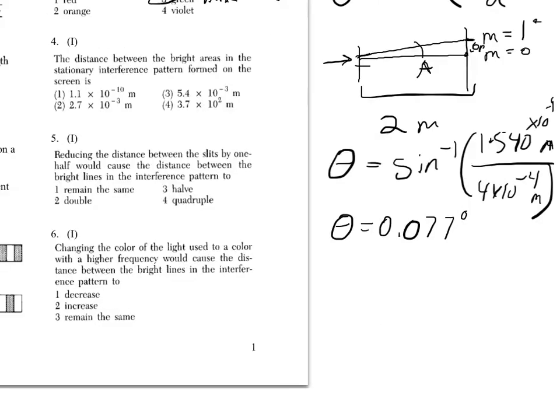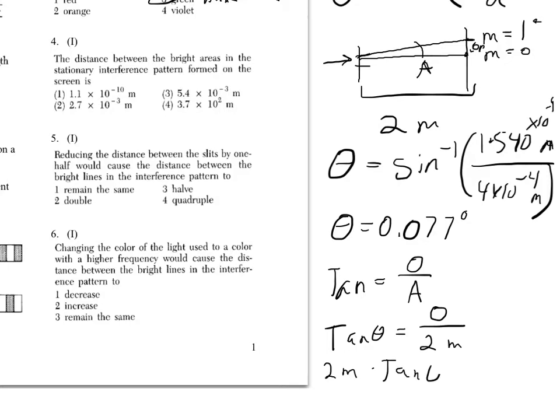Now if I solve out the triangle problem, I know that when I'm dealing with opposite and adjacent, that's tangent, which equals opposite over adjacent. Well, my adjacent side is 2 meters, so I've got tan theta equals opposite over 2 meters. Well, I'm solving for opposite. Shouldn't I just do 2 meters times tan theta?